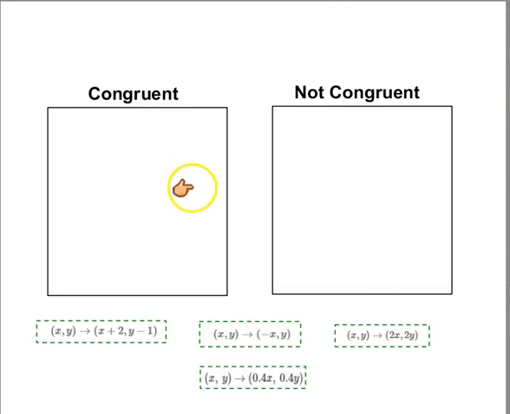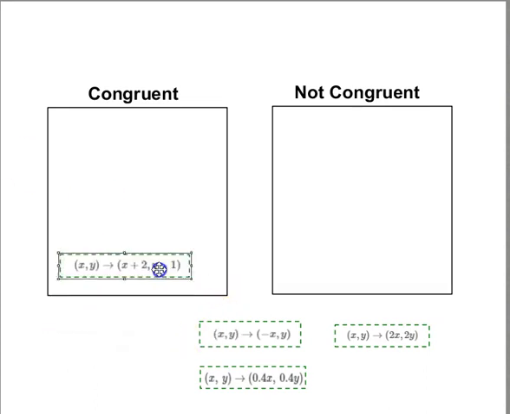And then the last question is just looking at rules. Can we tell if the transformation is congruent or not congruent? Well, if it's a rigid motion, you know they're going to be congruent. If it's not a rigid motion, such as a dilation, then they're not going to be congruent.